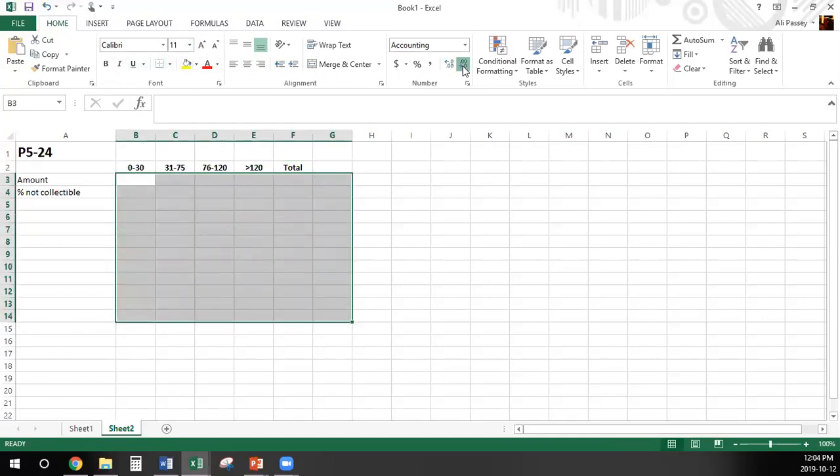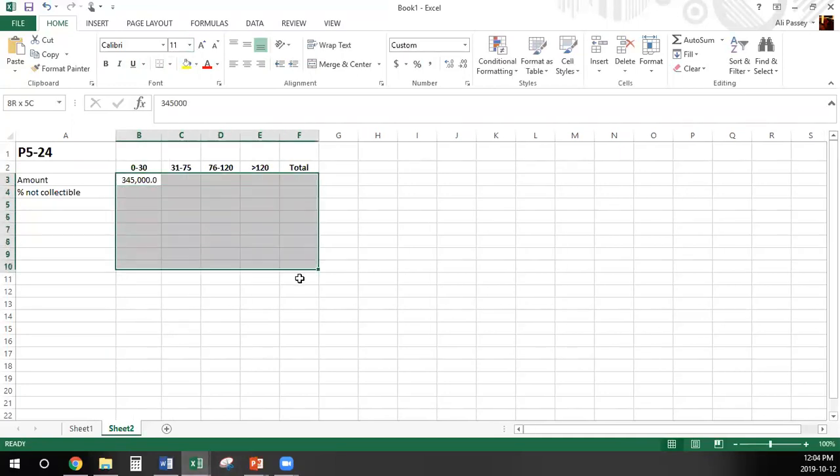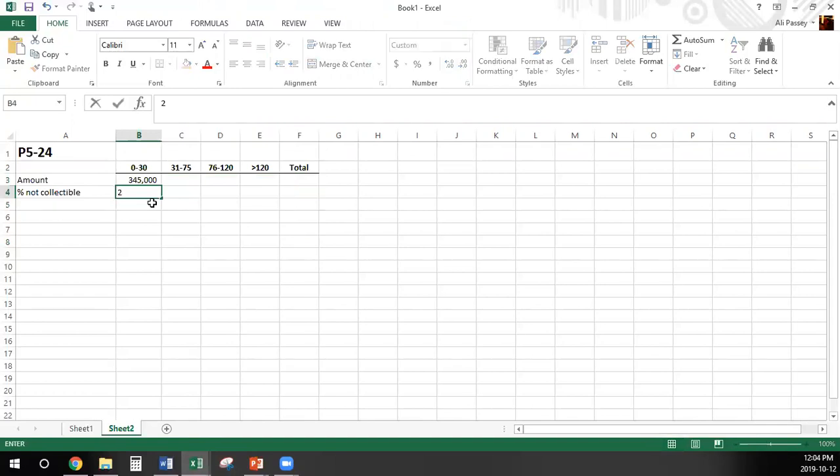In the 0 to 30 day category, they had $345,000 worth of accounts receivable, and they estimate that 2% of that will not be collectible. So let's just make this a percent. In the 31 to 75 day category, they have 133,000 of receivables, and they think 6% of that won't be collectible.